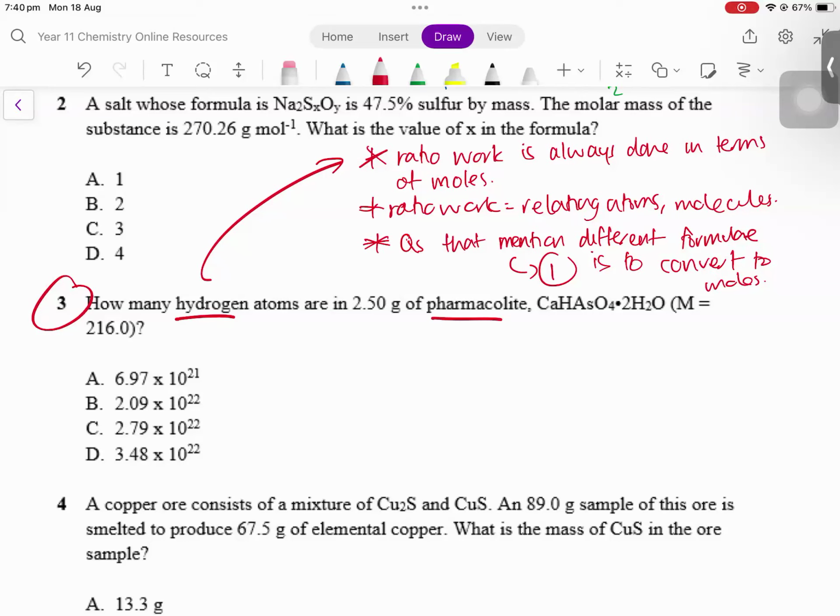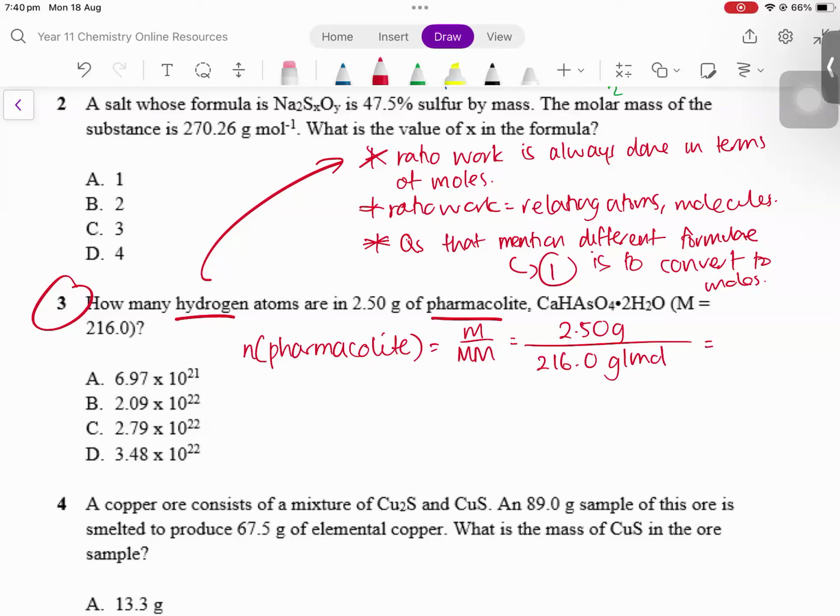You have a bunch of different equations to get to moles. If they've given you mass, what formula are you going to use out of all of the ones that you have under your belt? If they've given you mass, the formula you're going to use is mass on molar mass. So we're going to go 2.50 grams, and then in this case, they've given you the molar mass, so 216.0 grams per mole.